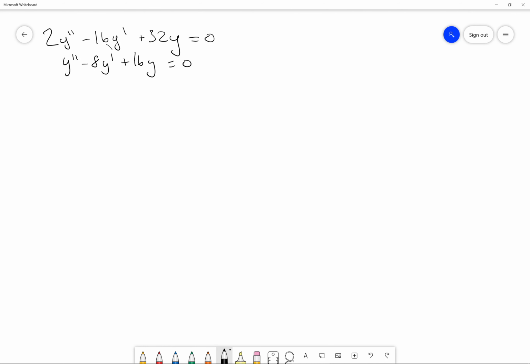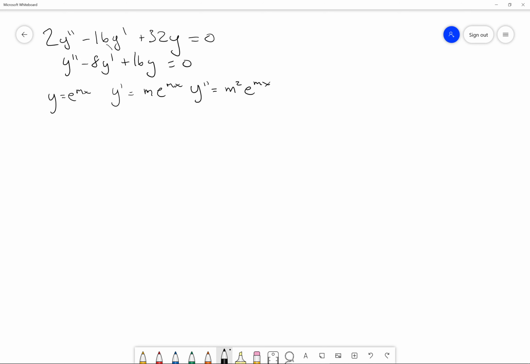Again, to solve the differential equation, we assume the form of the solution, that y equals e to the mx. So y prime is m e to the mx, and y double prime is equal to m squared e to the mx.